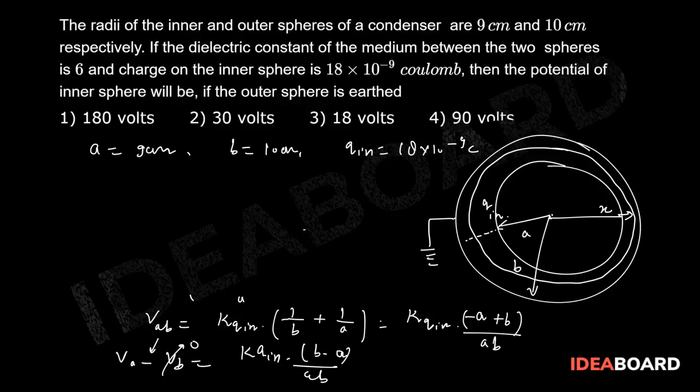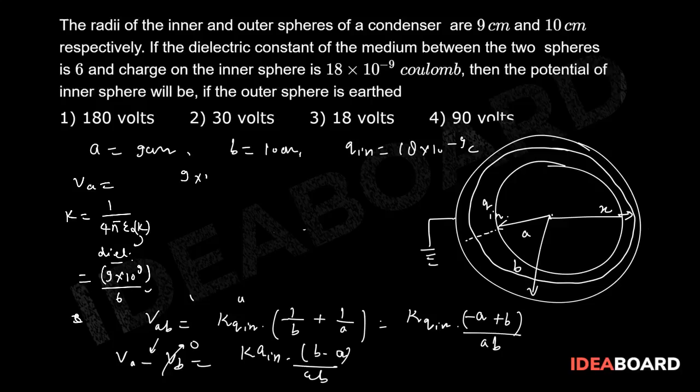So VA will be equal to K. Now here K is 1 upon 4 pi epsilon naught, into K. This K is the dielectric constant, right? So we know that the value of 1 upon 4 pi epsilon naught is 9 into 10 to the power 9, and K is provided in the question paper, which is 6. So this is the value of K now.